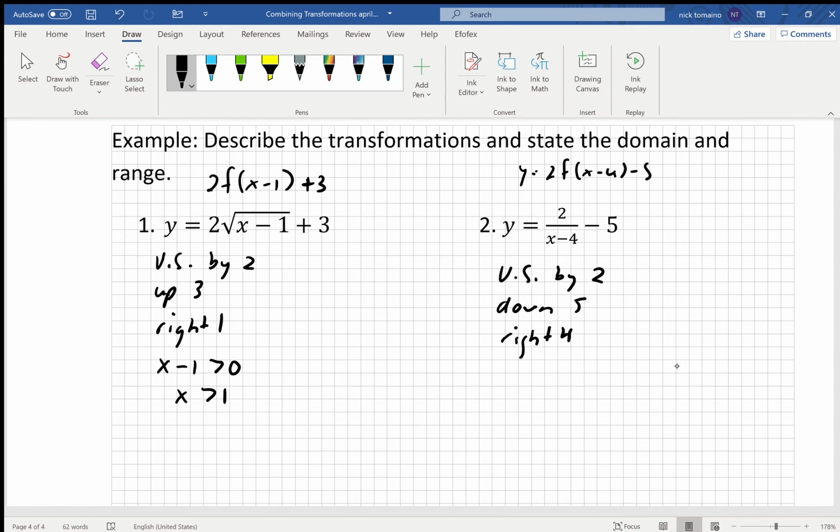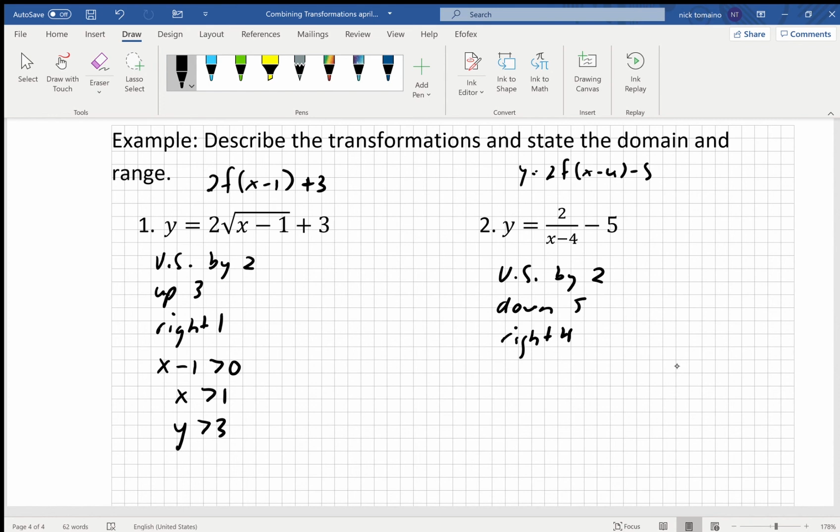And if we make x equal to 1, we're going to get y is equal to 2 times the square root of 1 minus 1, which is 0, plus 3. So for all other values, y is going to be greater than or equal to 3. If I put a negative out front, to the left of the 2, then it would be y less than or equal to 3.